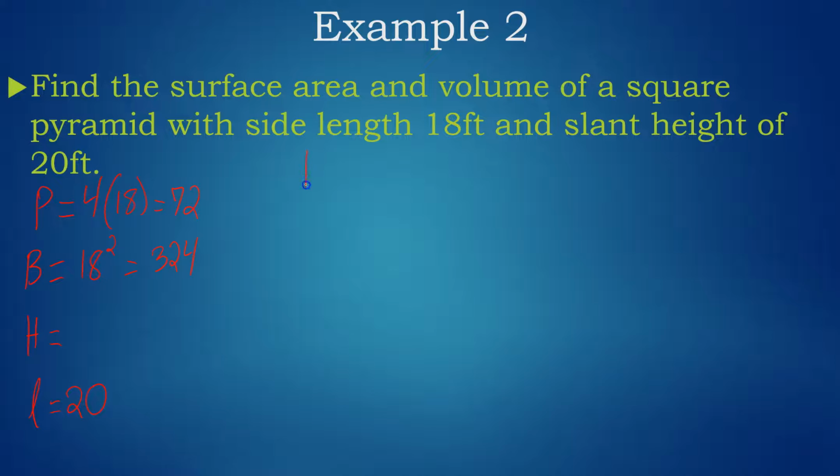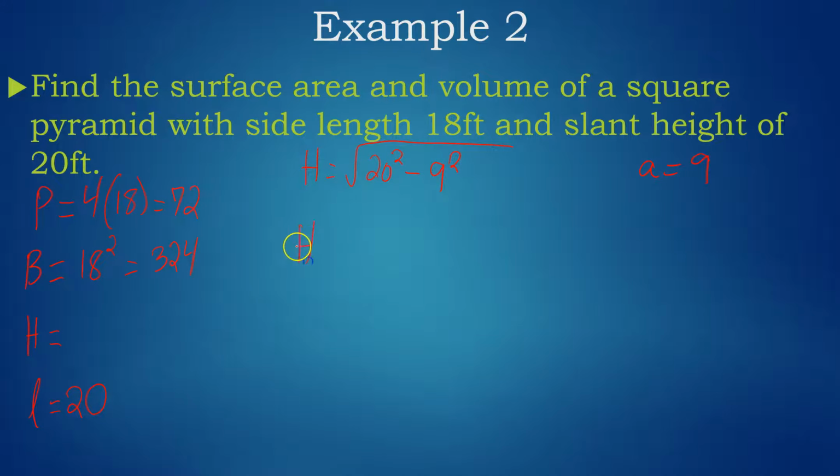And now for the height, well, we know h equals the square root of L squared minus A squared. And again, our A value is half the side length, so half of 18 is 9. So we do our calculator.